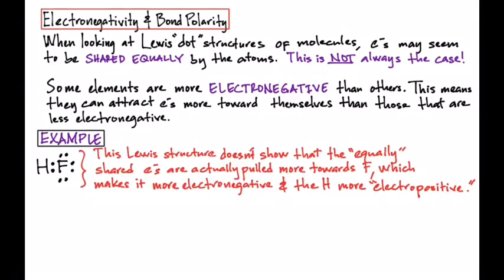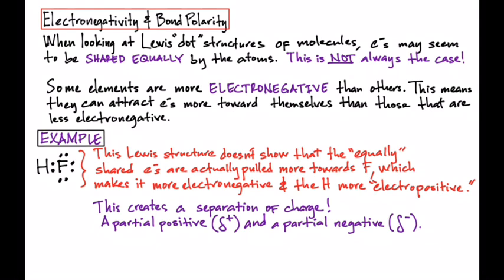So that makes fluorine the more electronegative atom and the hydrogen the more electropositive atom. And because of this difference in their electronegativity, it creates what they call a separation of charge, where you have a partial positive and a partial negative charge.